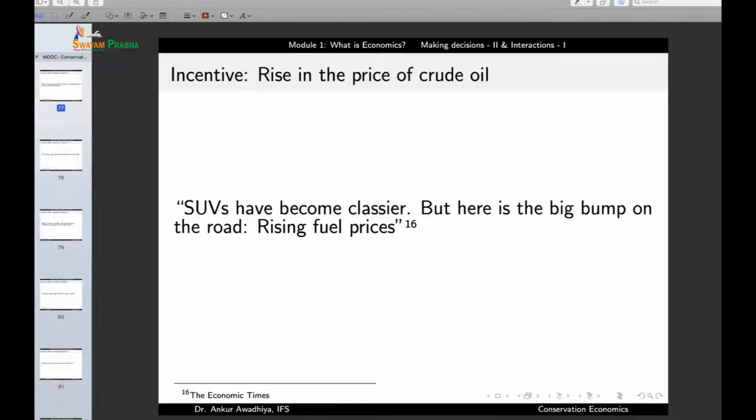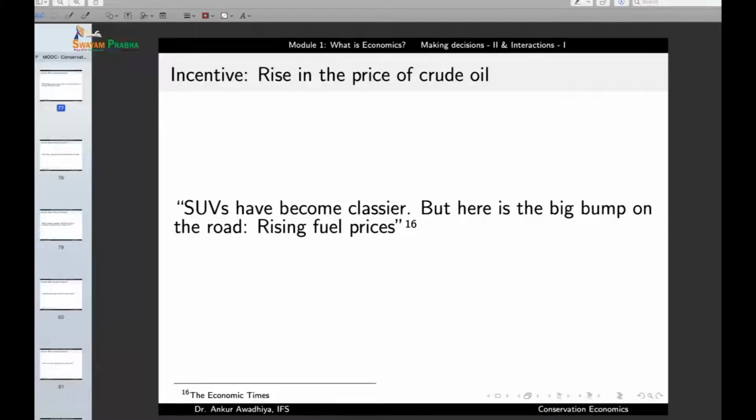Next news article says SUVs have become classier, but here is the big bump on the road: rising fuel prices. Now, what this news article is saying is that people normally go for large sized vehicles such as the SUVs or the sport utility vehicles. So they have become classier, but then because they are of a large size, they have a large amount of weight, so they are not that fuel efficient.